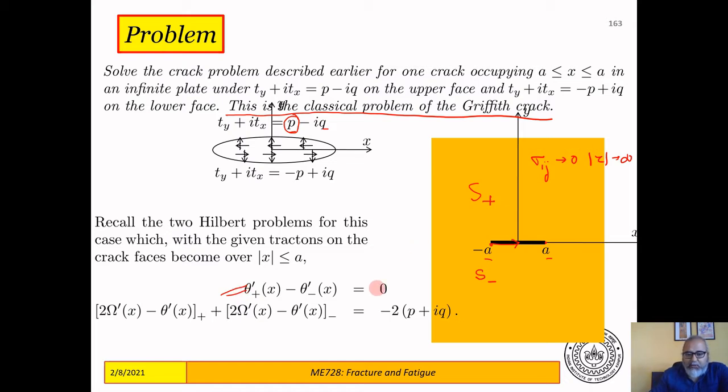The right hand side becomes equal to 0, whereas the second Hilbert problem remains an inhomogeneous Hilbert problem, but the right hand side is now minus 2 times p plus iq, where p and q are constants.